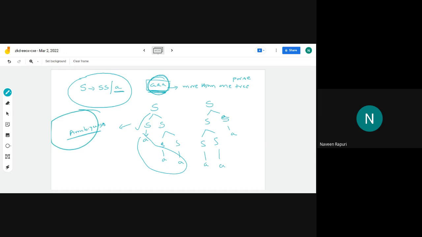Any grammar can produce a language. In a language, we may have many strings. In those strings, if at least one string produces more than one parse tree, then the grammar is said to be ambiguous grammar.